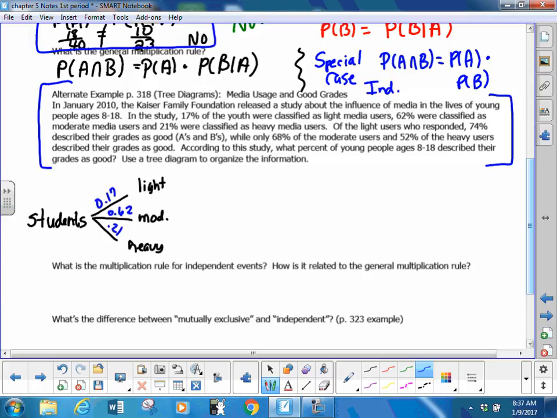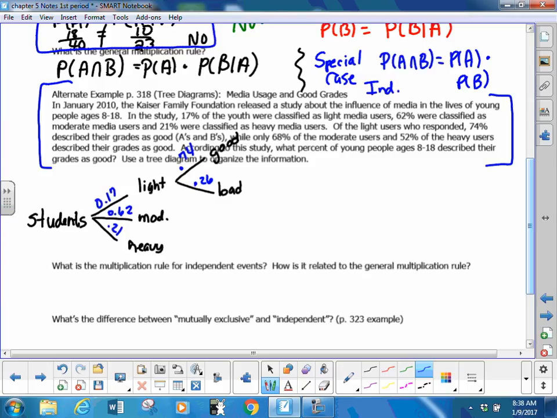If you're a light user, 74% said their grades were good. And then that means, by definition, 26% would be bad. So far, so good about how I'm filling this out?